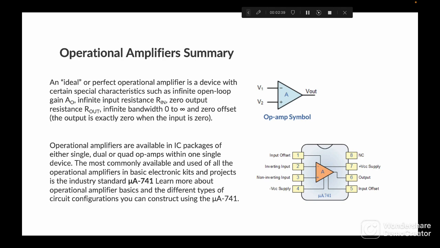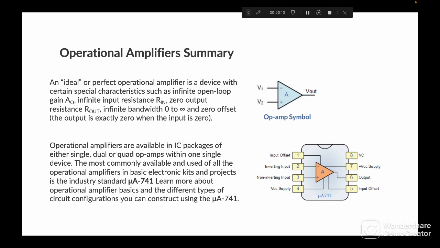So there are a very large number of operational amplifier ICs available to suit every possible application, from standard bipolar, precision, high speed, low noise, high voltage, etc., in either standard configuration or with internal junction FET transistors. Operational amplifiers are available in IC packages of either single, dual or quad op-amps within one single device.